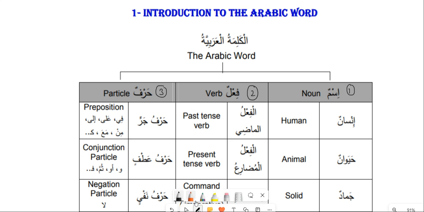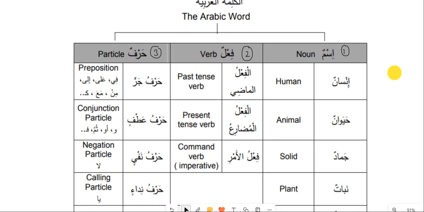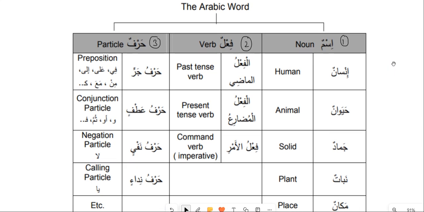So let's see what it is. The first one, nouns. Now after completing the step-by-step book, the next level is Quranic Arabic Grammar Level 1. Before you go to that level, you should know the whole grammar consists of nouns, verbs and particles.